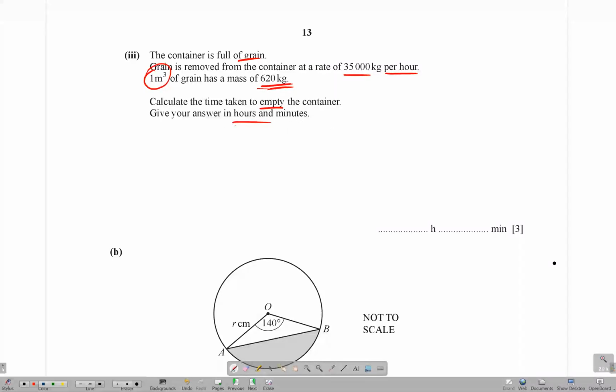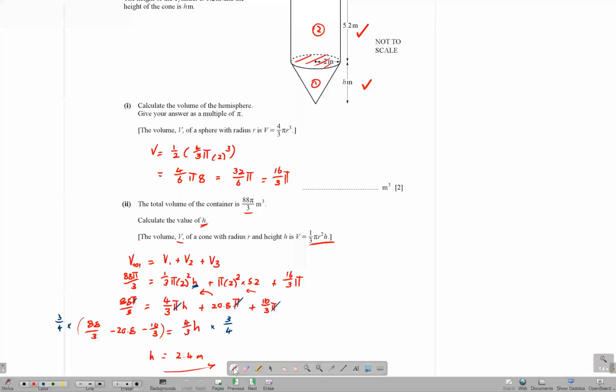Okay, so relatively simple. We're just going to calculate the total mass. And once we know what the total mass is, we can just divide that by this rate of 35,000 kilograms per hour. Okay, and that will give me an answer in terms of hours for how long it takes to empty. Okay, so this total mass is equal to, so what was my volume again?